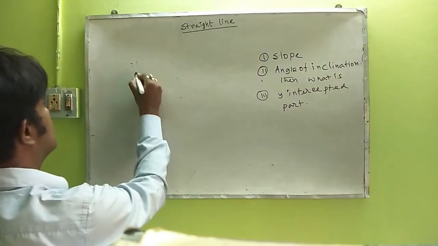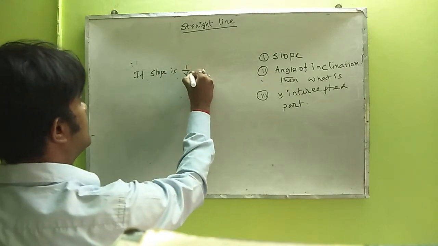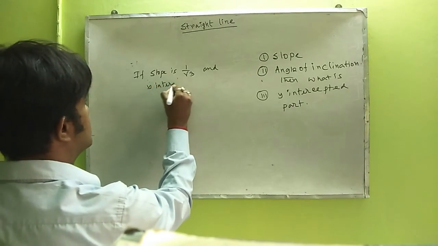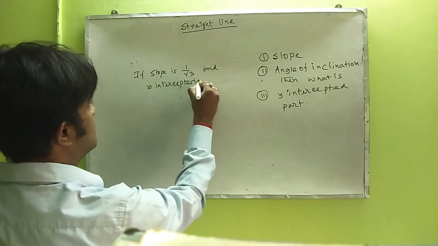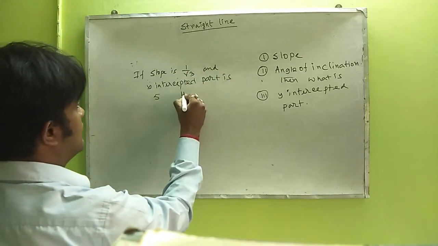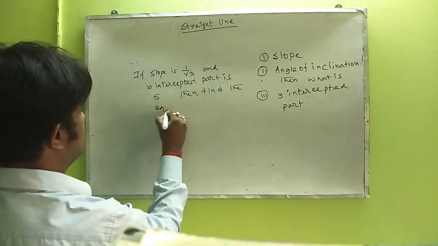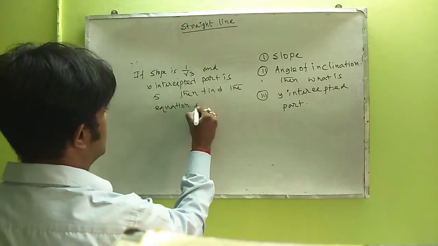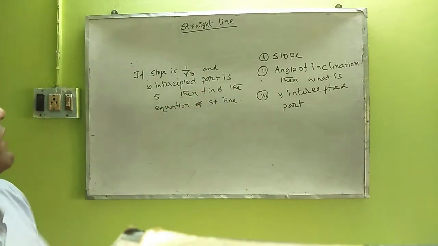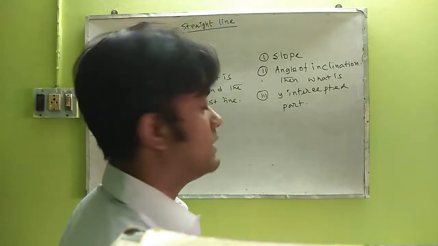That is, if slope is 1 by root 3 and y intercepted part is 5, then find the equation of straight line.